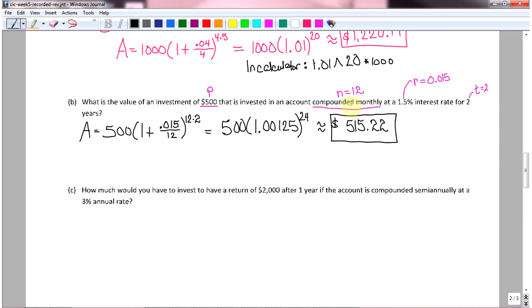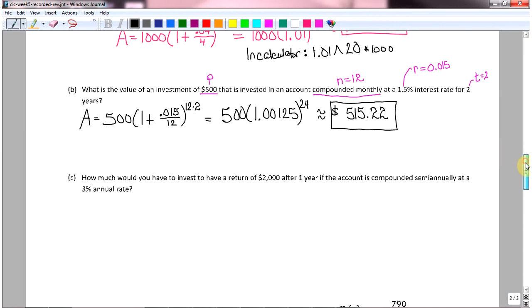So when going through these problems, look back and just think, is that reasonable? If I started with $500 in an account, after 2 years I end up with $515 at a 1.5% interest rate, that sounds reasonable. If we came up with a number like 10,000 or 50,000, that would give us reason to pause and make sure we didn't make an arithmetic error someplace.